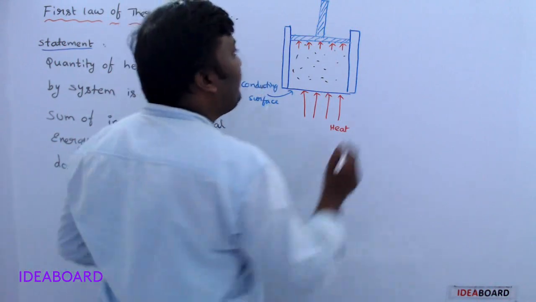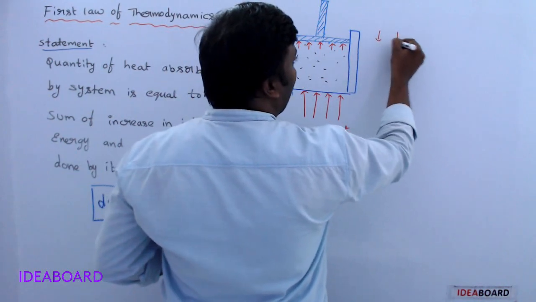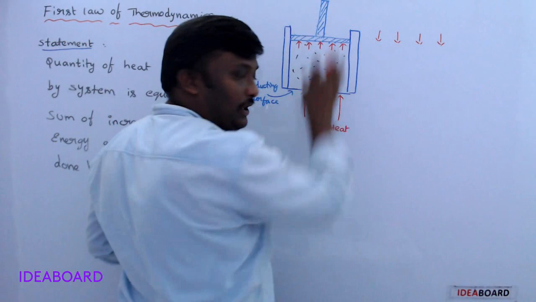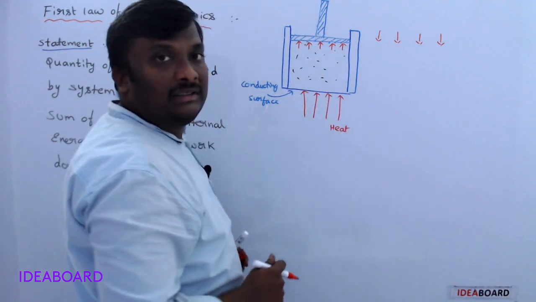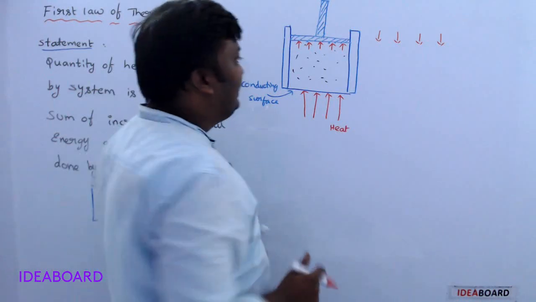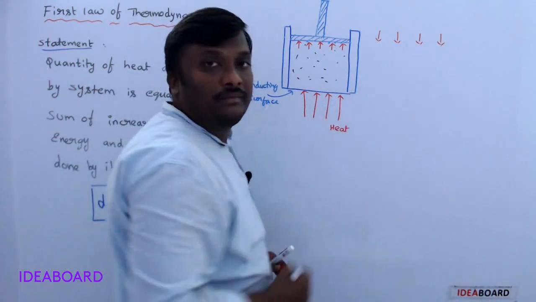Understand? The same diagram, if you draw in reverse order: if the piston moves in the downward direction, then work is done on the gas. Then what happens? Heat is rejected from the system.